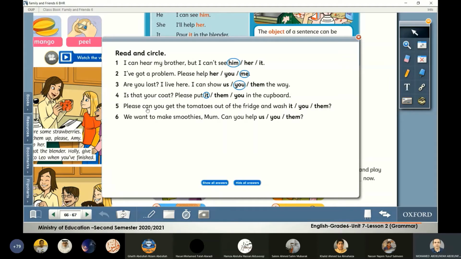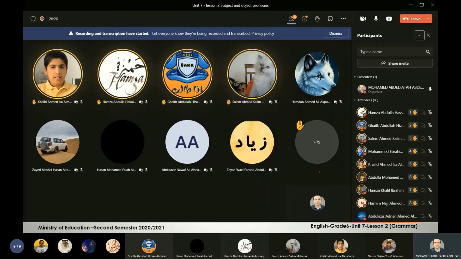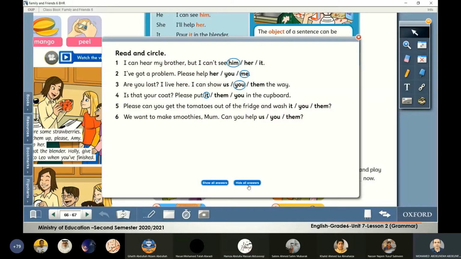Let's go, bravo Salim. Let's go to Muhammad Ibrahim. Muhammad. Yes, teacher. Muhammad, we need your help to answer number 5. We want to know what the object pronoun is here. Please, can you get the tomatoes out of the fridge? Imagine that your mother is going to cook and she is asking you to get some tomatoes out of the fridge.